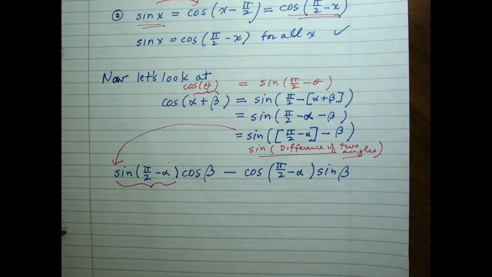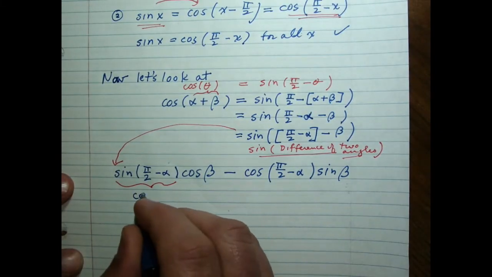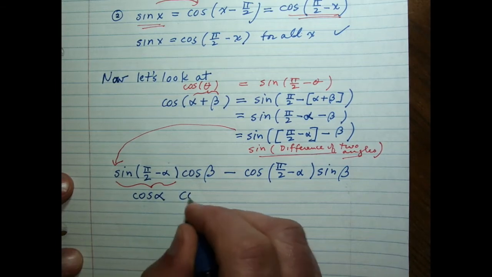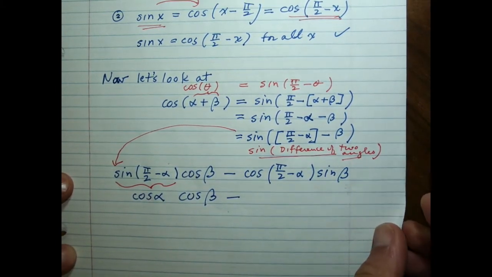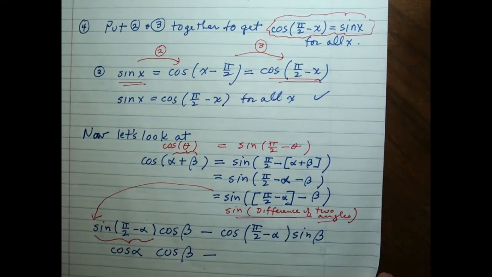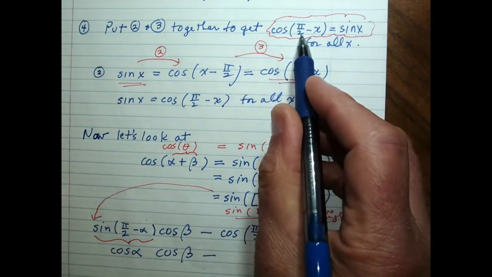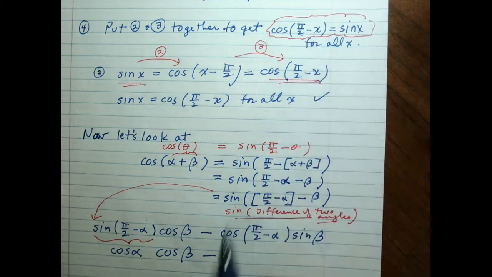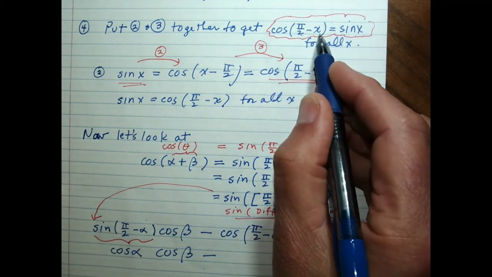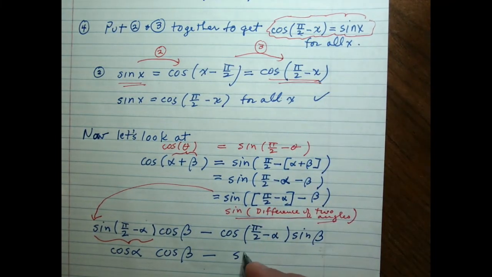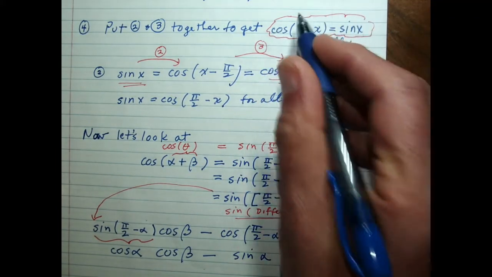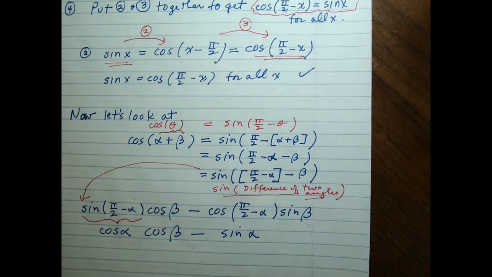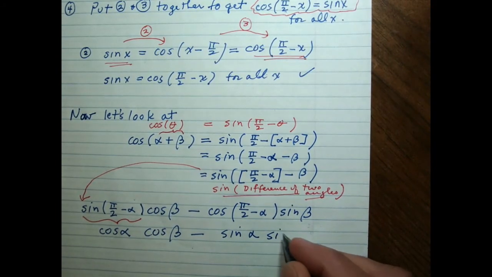So cosine alpha, cosine beta, minus cosine of pi over 2 minus alpha. That was all our work to get to number 4. Instead of pi over 2 minus x, I have pi over 2 minus alpha. So that will be sine of alpha, applying our number 4 result, times sine beta.